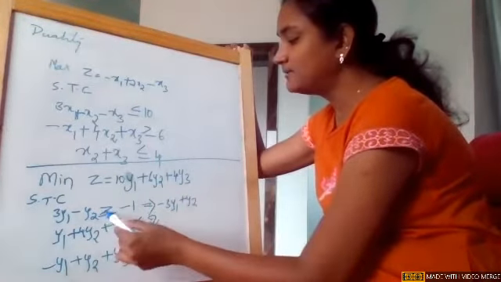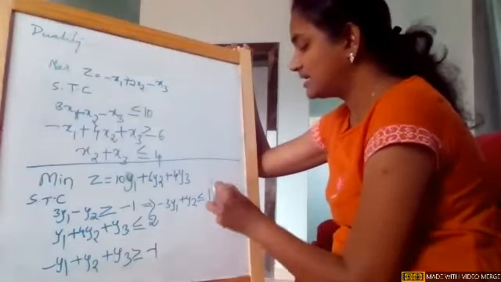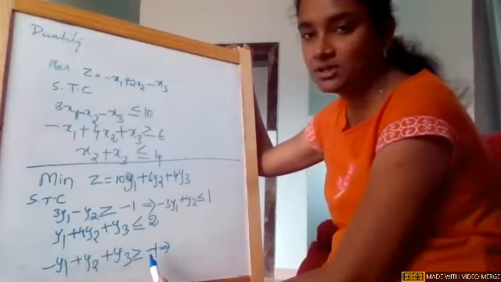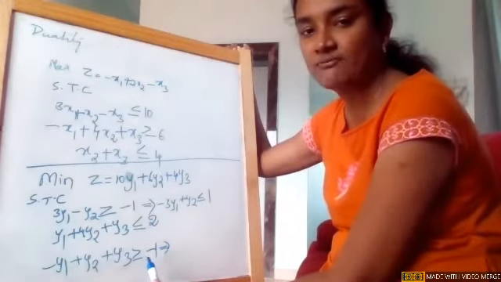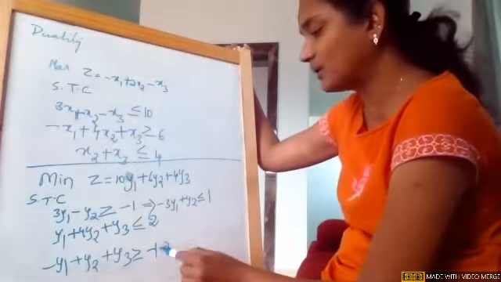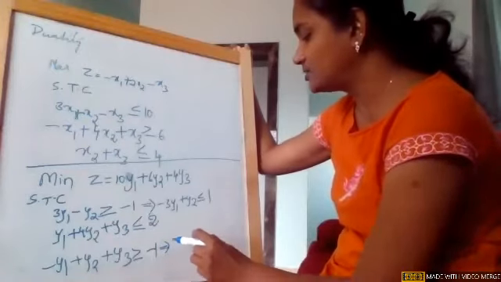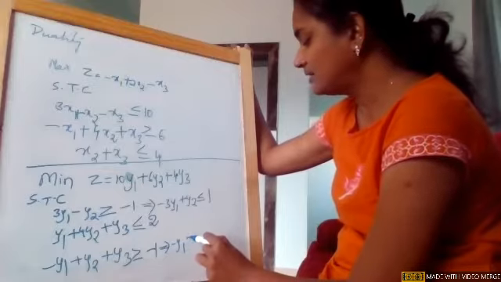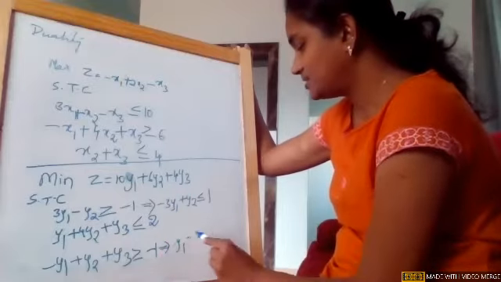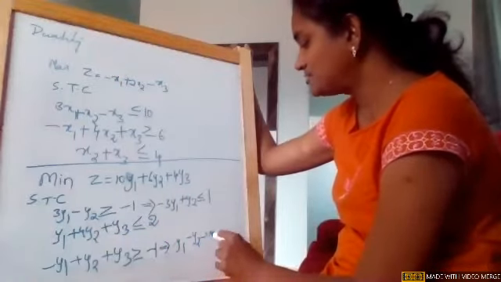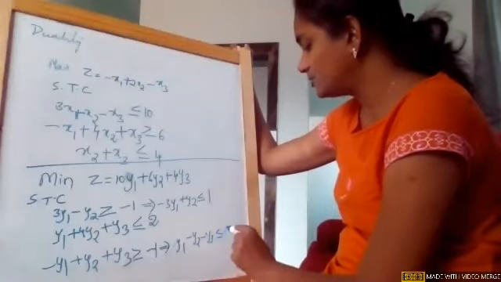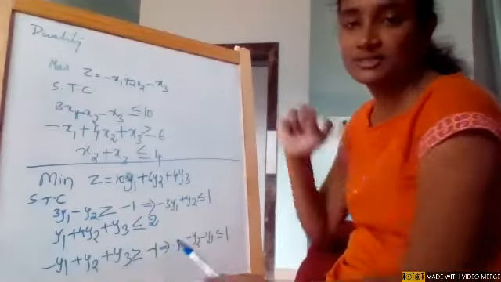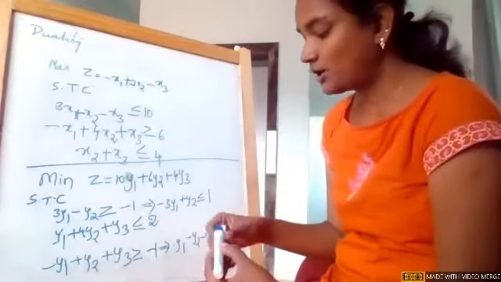When we multiply by negative, greater than converts to less than or equal to 1. Same with this one also. Don't leave these constants negative, because in your simplex form a negative value is not considered when you're solving the problem. It creates confusion. So in order to avoid that, beforehand we make it minus y1, y1 minus y2 minus y3 less than or equal to 1. This is how you convert all constants to positives in order to solve it smoothly.